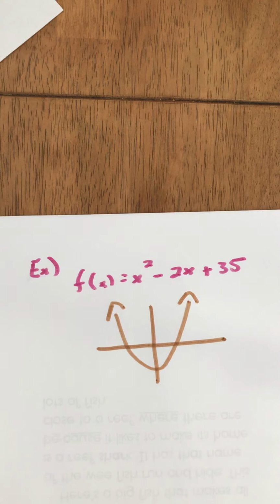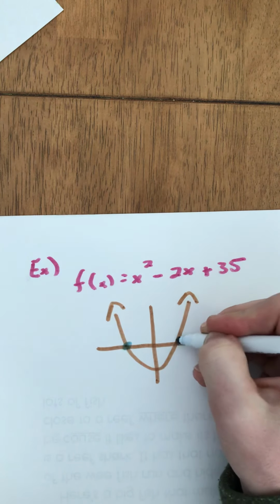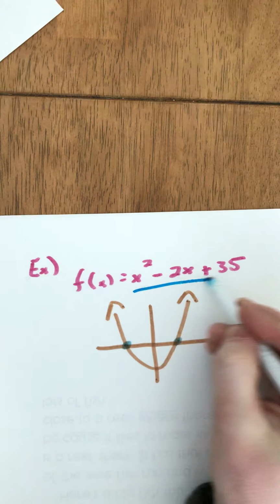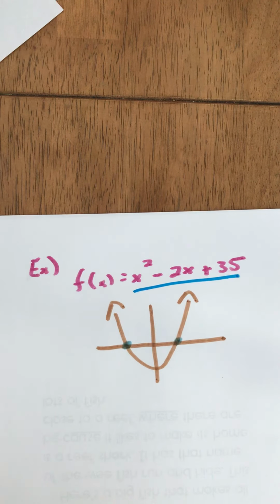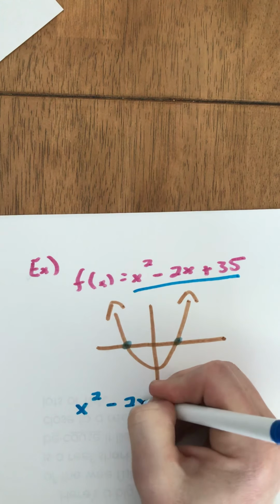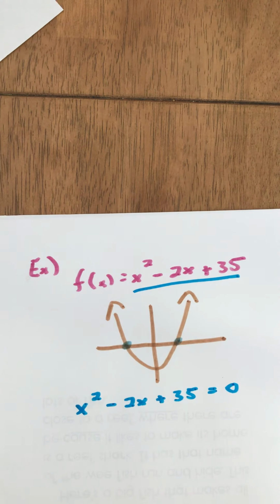And again, what I'm trying to find out is these two spots right here. We're going to be finding our roots. So to find our roots, what we do is we set this function equal to 0. So we're going to say, when does x squared minus 2x plus 35 equal 0?